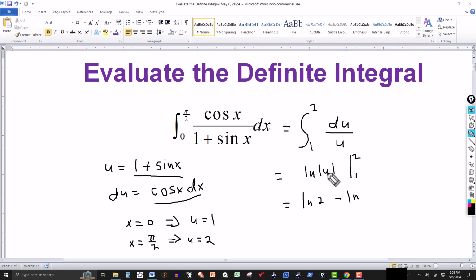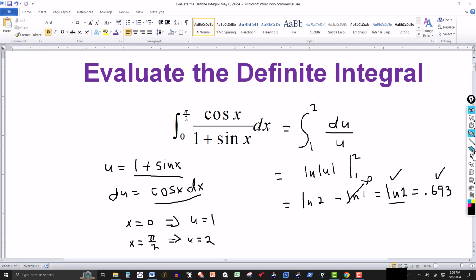Again, the absolute value of 1 is 1, and the natural log of 1 is 0. So this gives me ln of 2. That's the exact answer. If you want to approximate, use your calculator. You can write this as 0.693 to 3 places. So exact there, and this is an approximation.